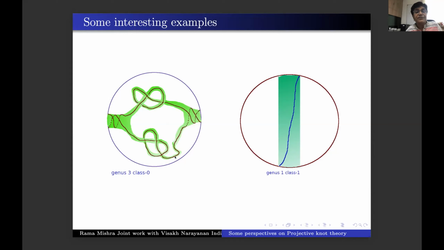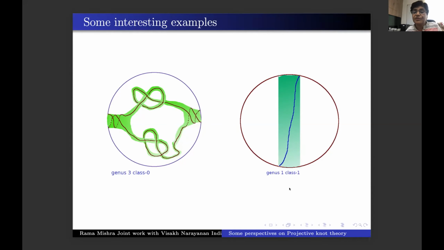But we still need to prove that the genus is indeed 3, because you need to show that it cannot be less than 3. You cannot find any other surface whose inverse image has smaller genus. So that still is not shown.